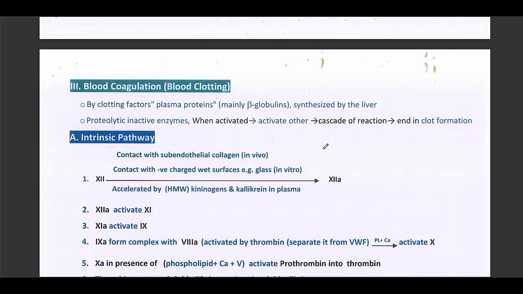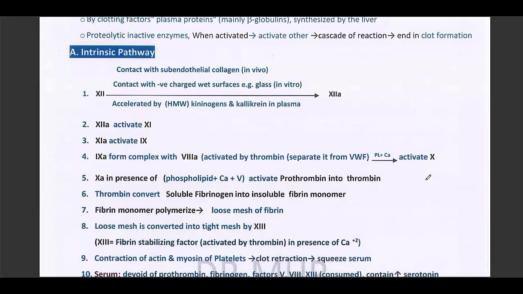Now some of the beta globulins act as blood coagulant proteins. They are proteolytic inactive enzymes which, when activated, activate others, a cascade of reactions ending in clot formation. That means, for example, factor 1 activates factor 2, activates factor 3, and this chain continues till clot formation.